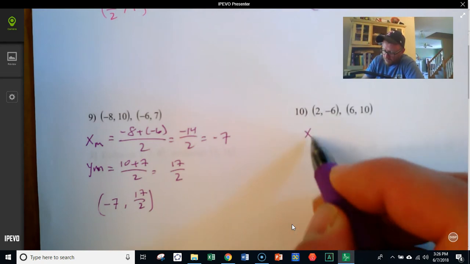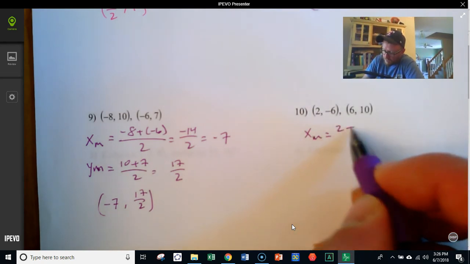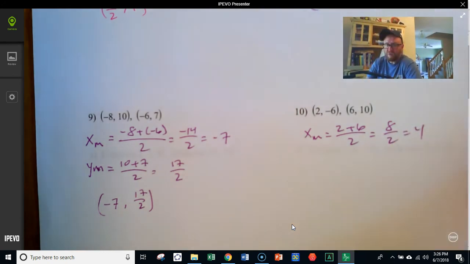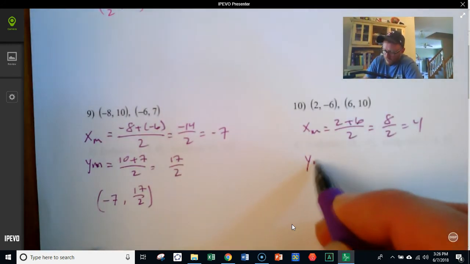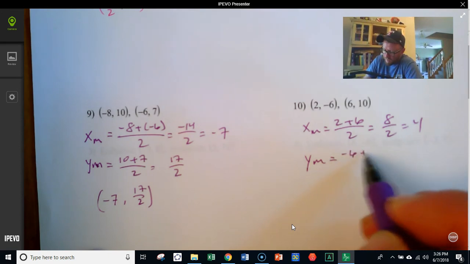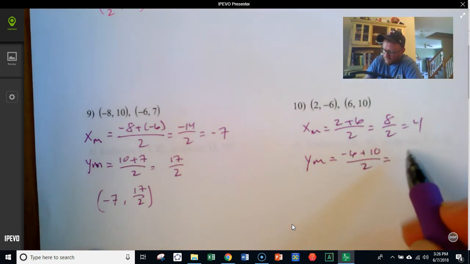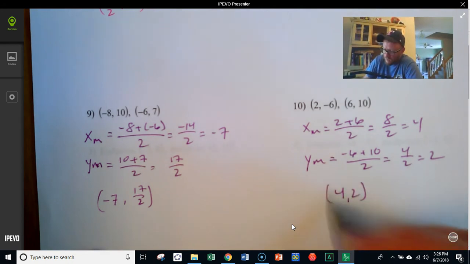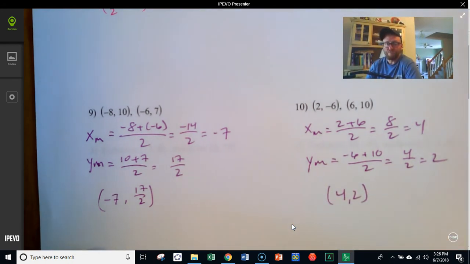All right. Here, our x-coordinate for the midpoint will be 2 plus 6 over 2, 8 over 2, which is 4. And our y-coordinate will be -6 plus 10 over 2, which is 4 over 2, which is 2. So 4, comma 2.